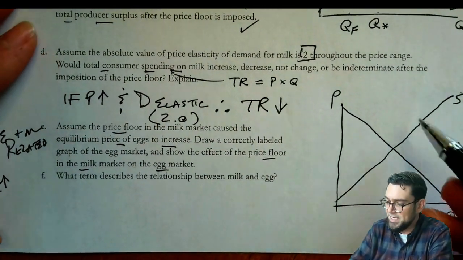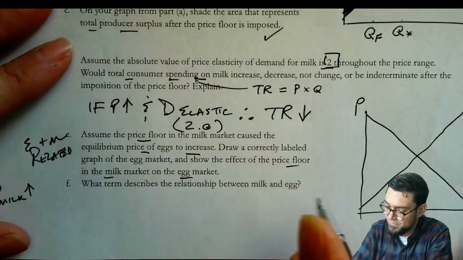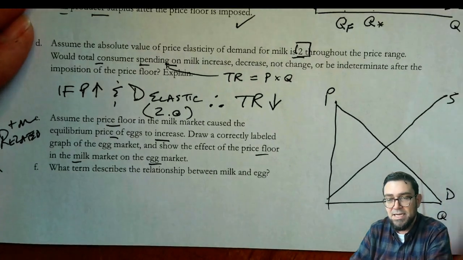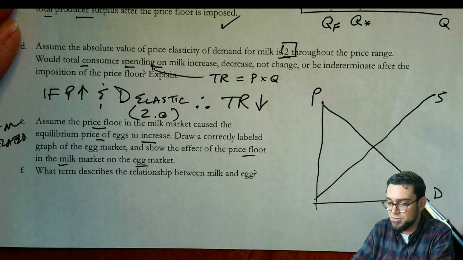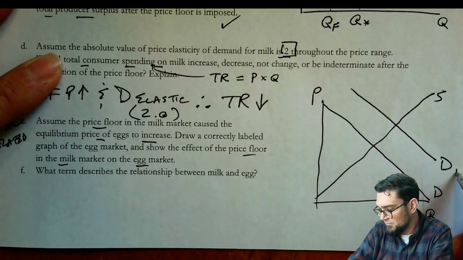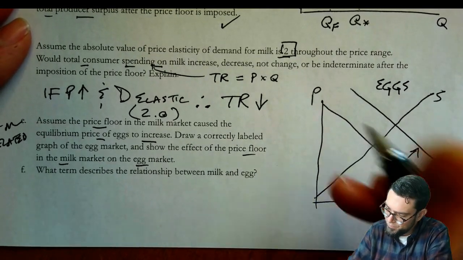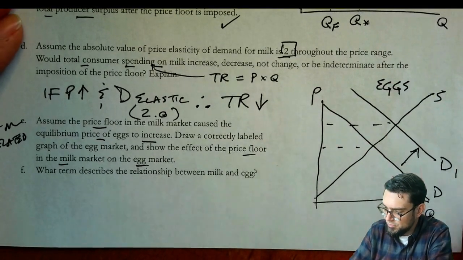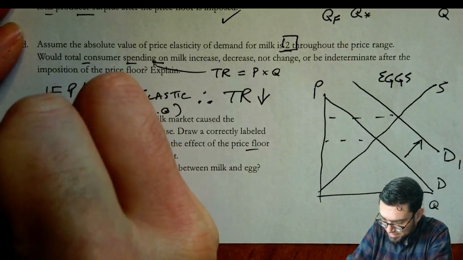And I know that what's going to happen over here is a demand change, because that's the only two types of related goods we've got. We've got substitutes and complements. Now, demand falling would lead to a lower price. So demand has to be increasing for the eggs, right? That's the only way that we could end up with this, where demand for eggs is increasing.